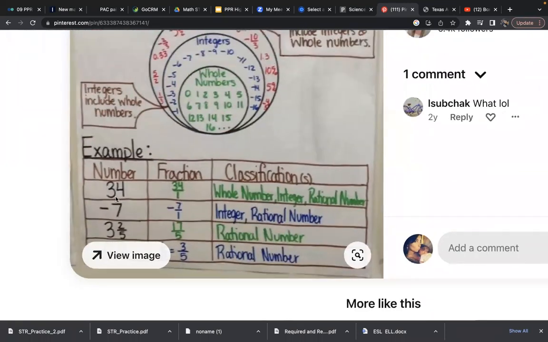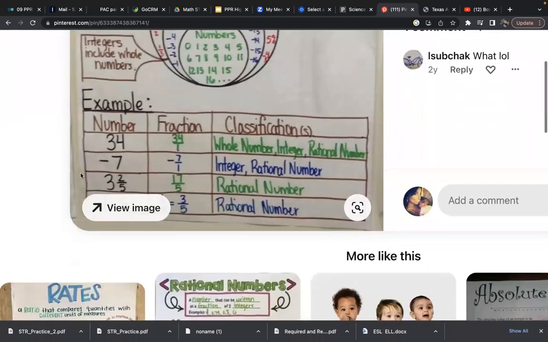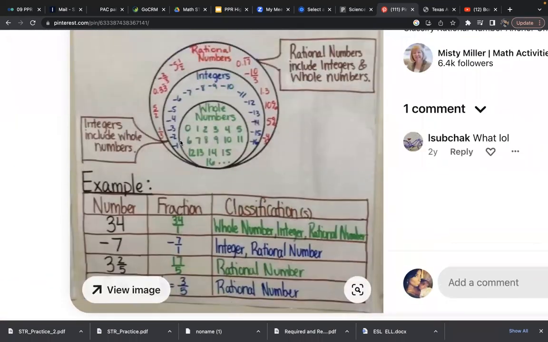Different classifications. 34 over 1 was the fraction example. It's a whole number, an integer, and a rational number. It's all three of those things. Then you have -7, which is an integer and a rational number, but it's not a whole number.